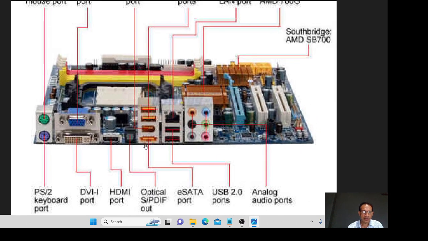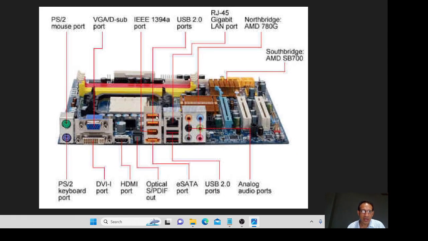And here the USBs are available, and you can see the LAN adapter here on top of the two USBs, and there are SATA ports here. SATA is used for the hard disks and the CD-ROMs, the external storages.